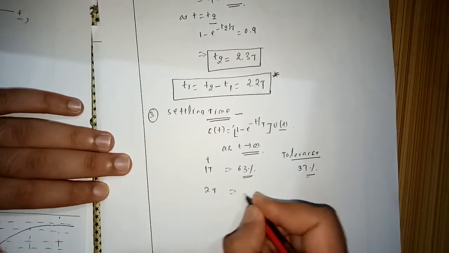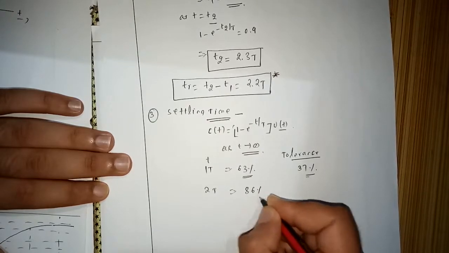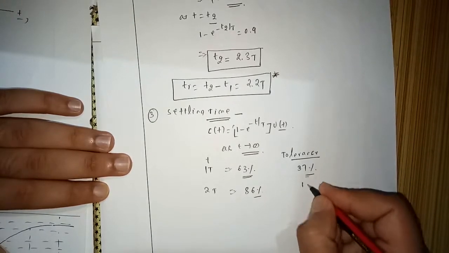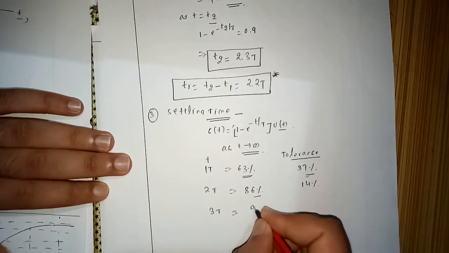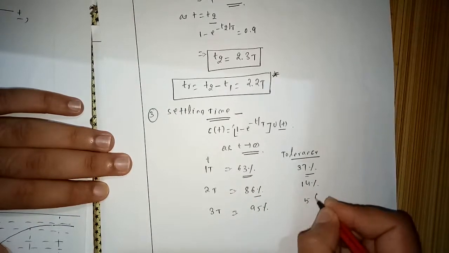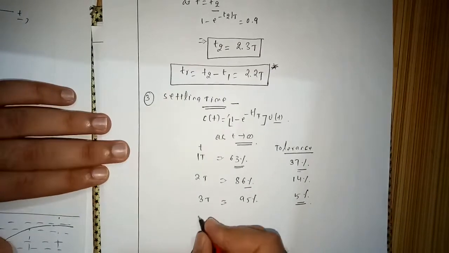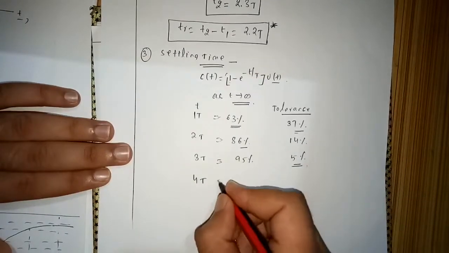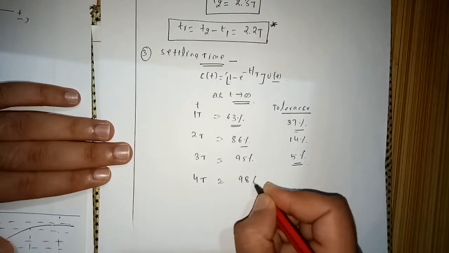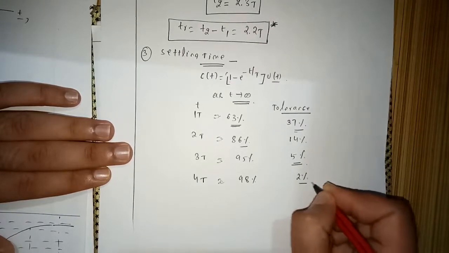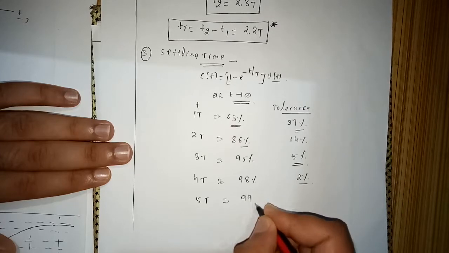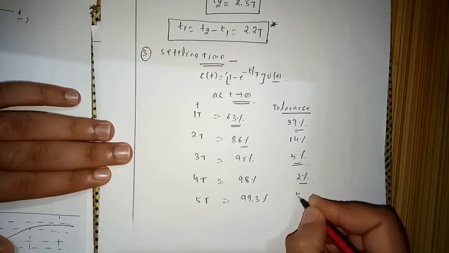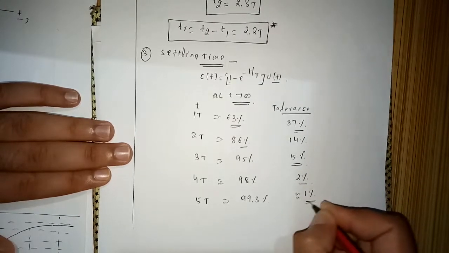At 2T the output is 86% and a 14% tolerance will be there. At the third time constant it will be 95% and 5% tolerance. At 4 time constants it will be 98% and 2% tolerance. At 5 time constants it is 99.3% and approximately 1% tolerance will be there.